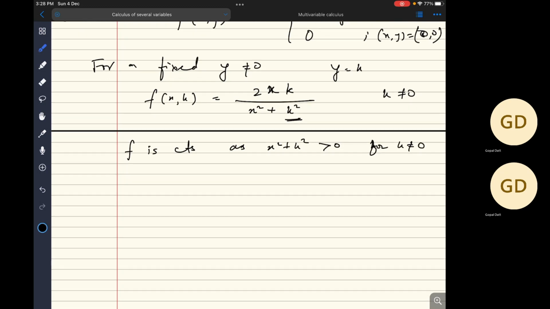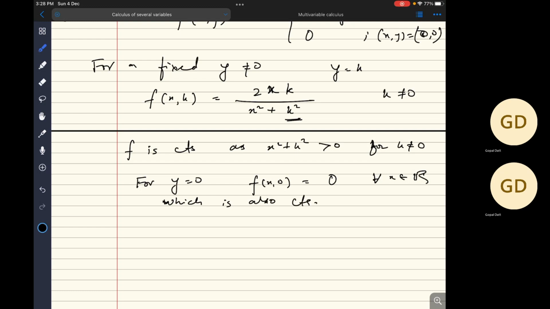What about y equal to 0? For y equal to 0, f(x, 0) is 0 for any x in R, which is a constant function, so it is also continuous.